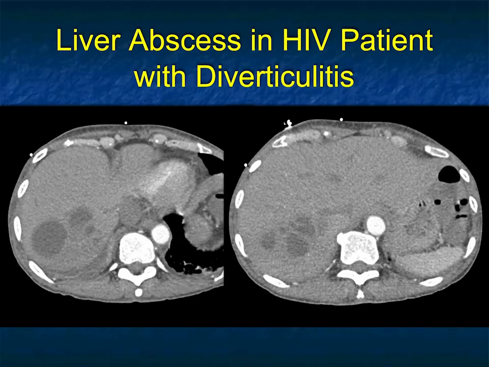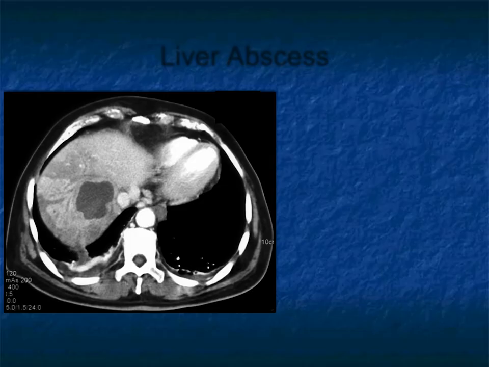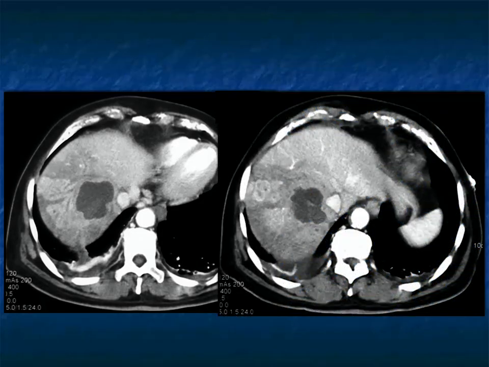You can see liver abscesses from diverticulitis. You can see them from appendicitis. You can see them from Crohn's disease. So it's something to think about. This patient also was HIV positive, so infection would be very close to the top of your list, even before you saw the colon. What about this case?